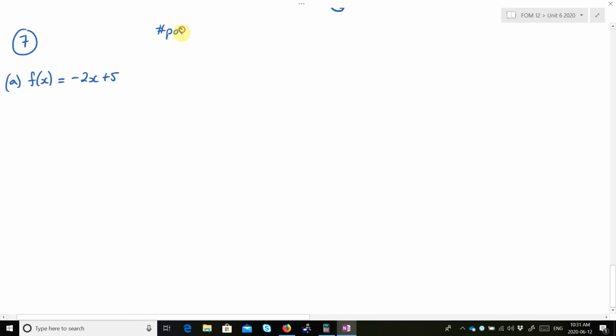We have to have number of possible x-intercepts, the y-intercept, the end behavior, domain, range, and number of possible turning points.